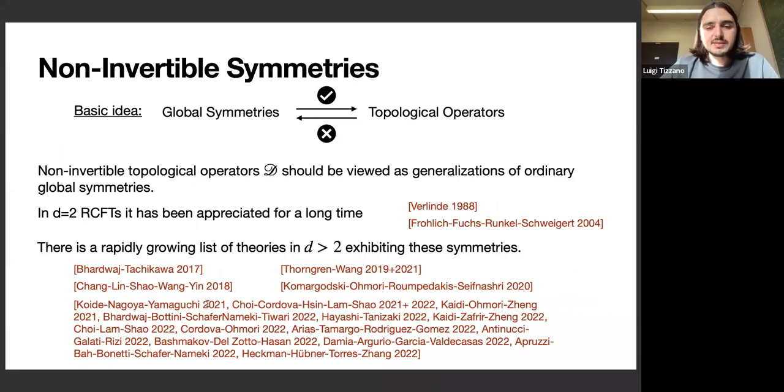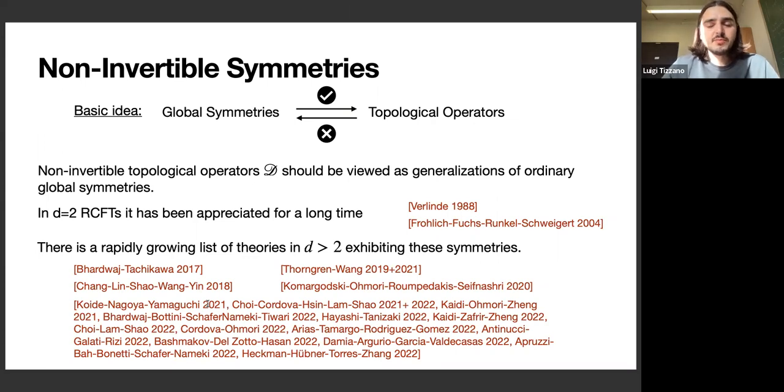All these ideas are rooted in something that has been developing very recently in a lot of directions. Until maybe a couple of years ago, we would have said that whenever we find a global symmetry, it is very simple to associate to this global symmetry a topological operator.